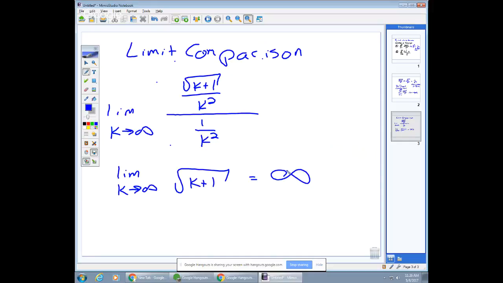Does that tell me anything? If it's infinite, I can only show divergence. And my guess is that this thing converges. So I know nothing here, because this can only be used to show divergence, and I compared with a convergent series.